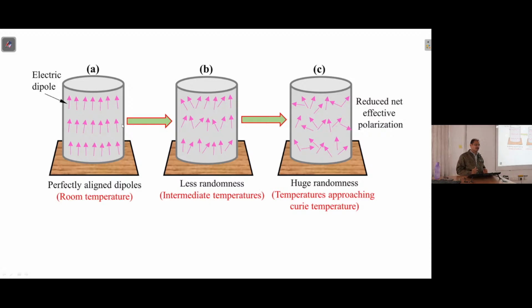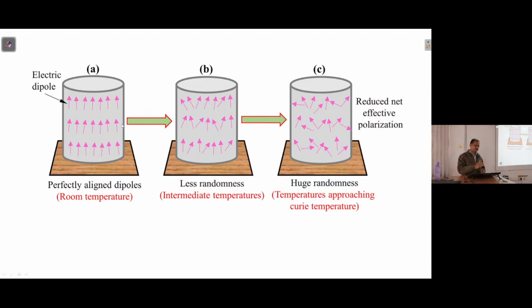But when they get heat input, this thermal energy causes higher vibrations, so randomness increases. Rather than being aligned in one direction, they get randomly aligned. As the temperature increases, this randomness continues to increase, and finally the Curie temperature is the location where it becomes more or less completely random.